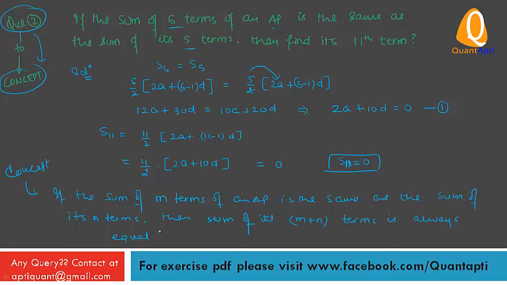That is the important concept you have to remember. If the sum of the m terms of an AP is the same as the sum of n terms, then the sum of its m plus n terms is always equal to 0.